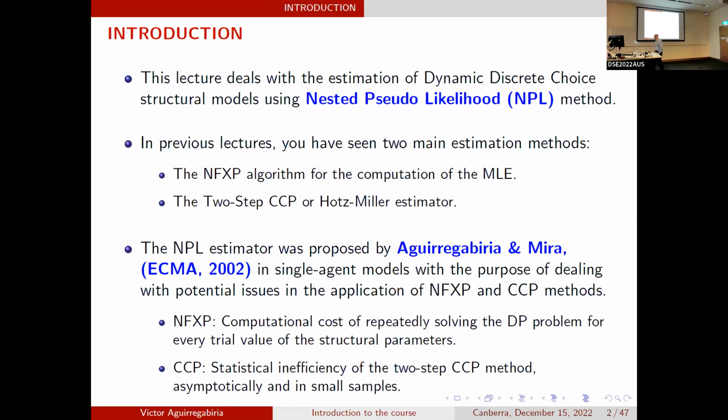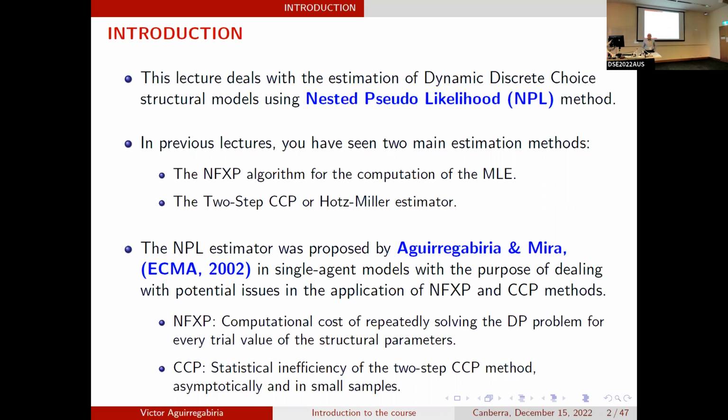The NPL estimator was proposed in my work with Pedro Mira in a paper in 2002 in the context of single agents. Later, we extended it to the case of dynamic games. It was proposed with the idea of trying to improve some computational aspects and also some statistical properties of the nested fixed point and of the two-step CCP method, okay?